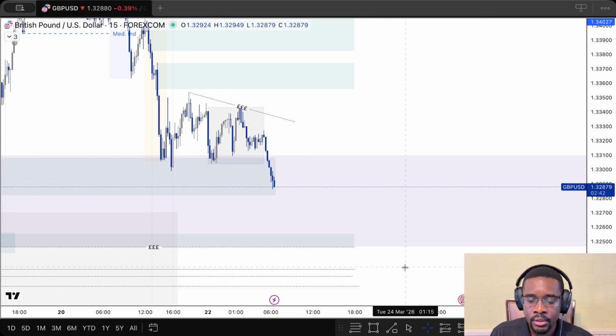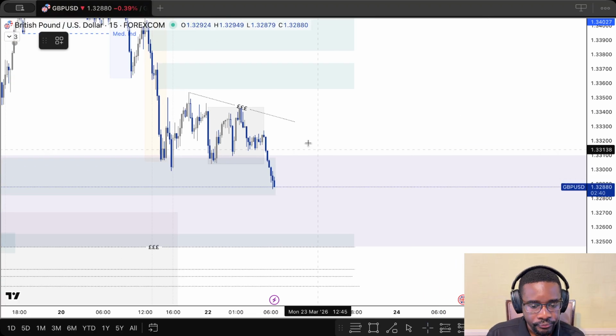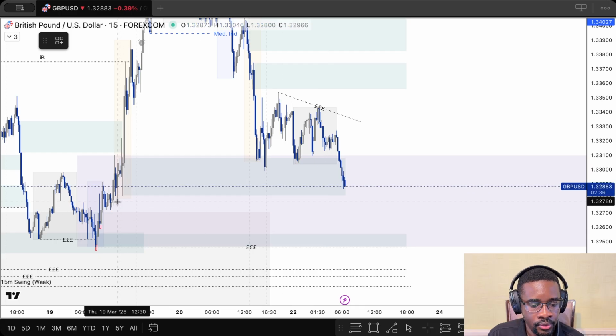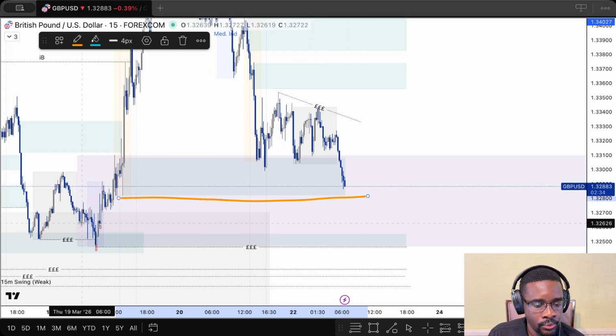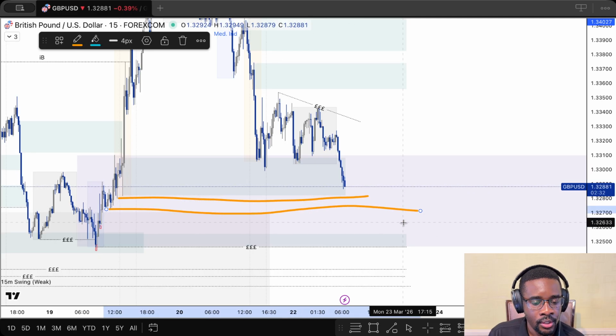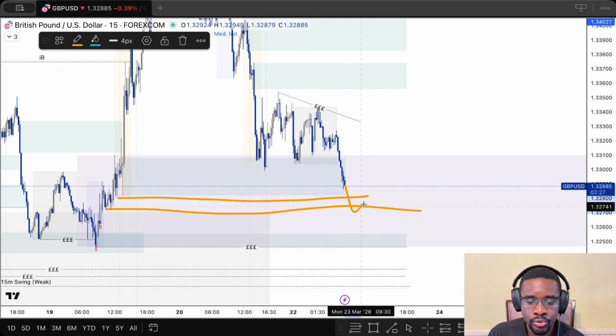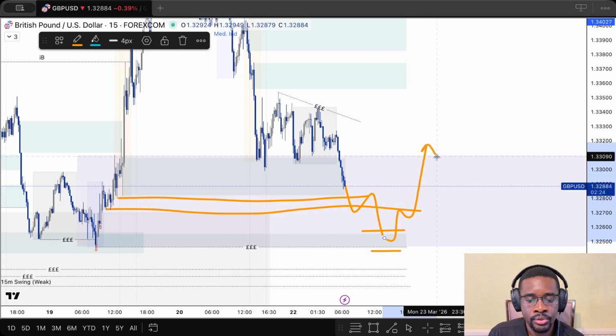So for the pound, are there any areas here? We have New York lows and these relative equal lows as well. Price could sweep these areas, come in, mitigate this area, and then decide to continue up.